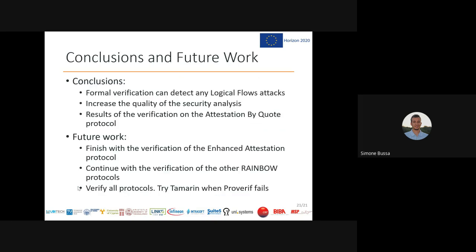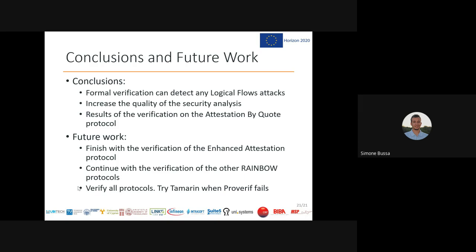So for the conclusion, we have detected a series of logical flaw attacks with ProVerif, and so ProVerif increased the quality of the security analysis. And in particular, we've seen the results of the verification of the attestation by quote protocol.